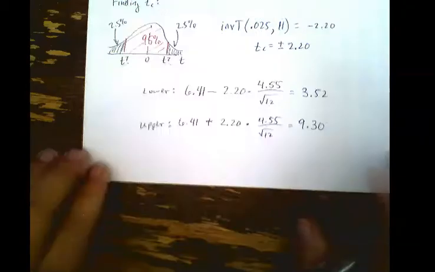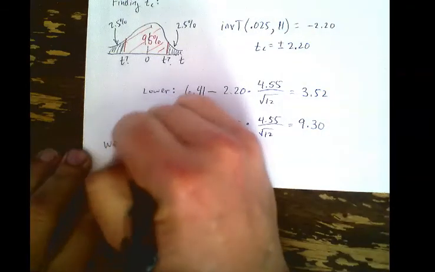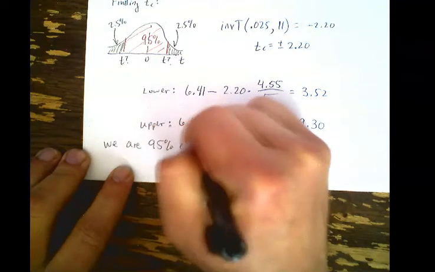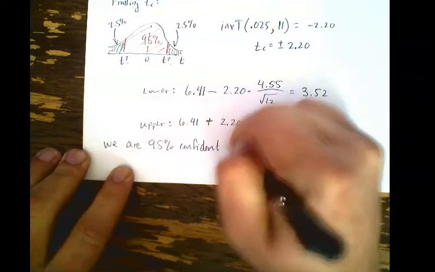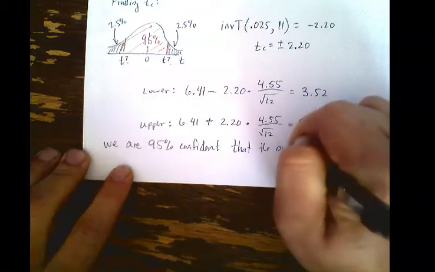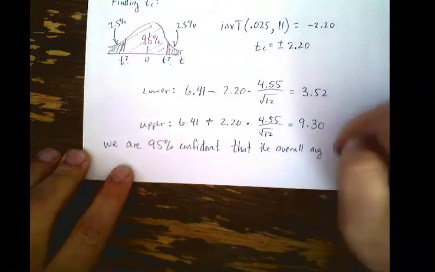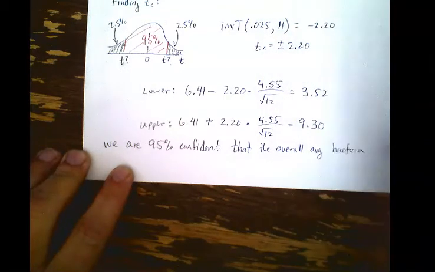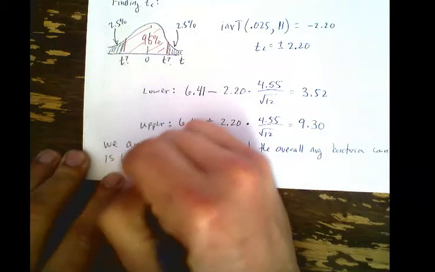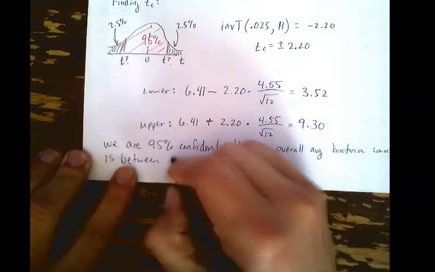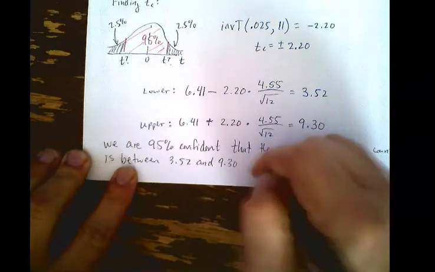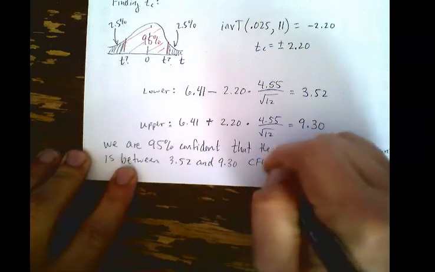So we are 95% confident that the overall average bacteria count is between 3.52 and 9.30 CFUs per milliliter.